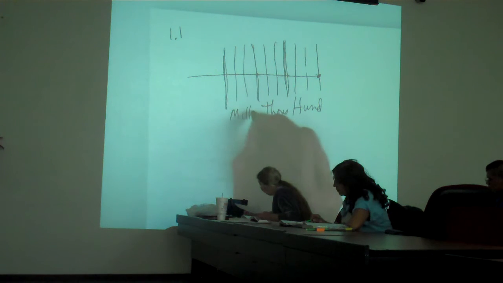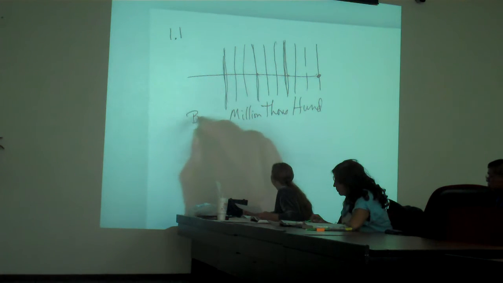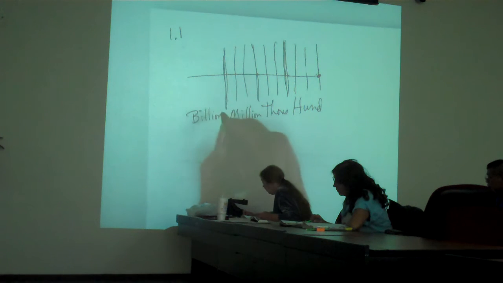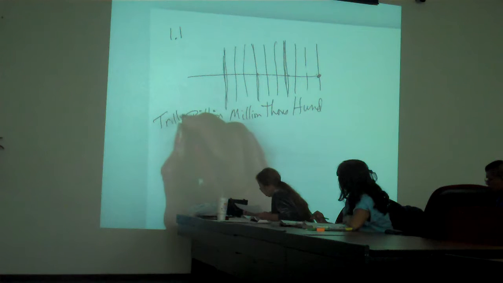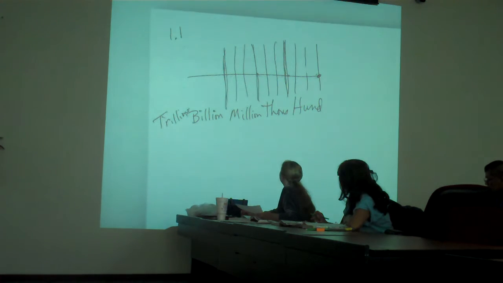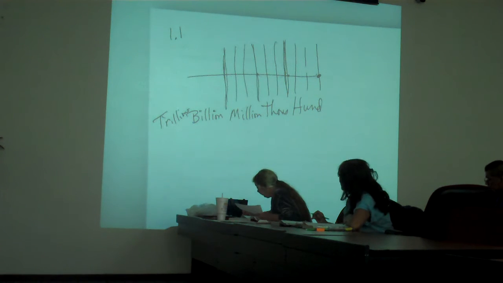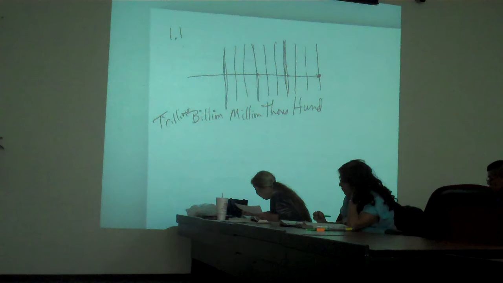After that, what is it? Billions. I don't think it's on your chart, but after that would be trillions. You won't need that, but 10 trillions. Each one of these periods has the 1, 10, and 100 spot.